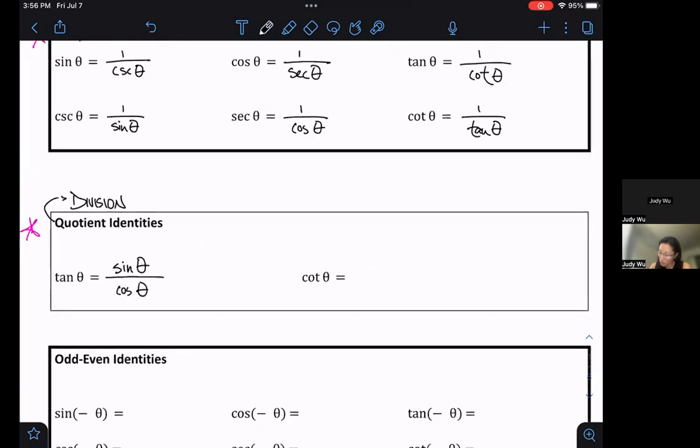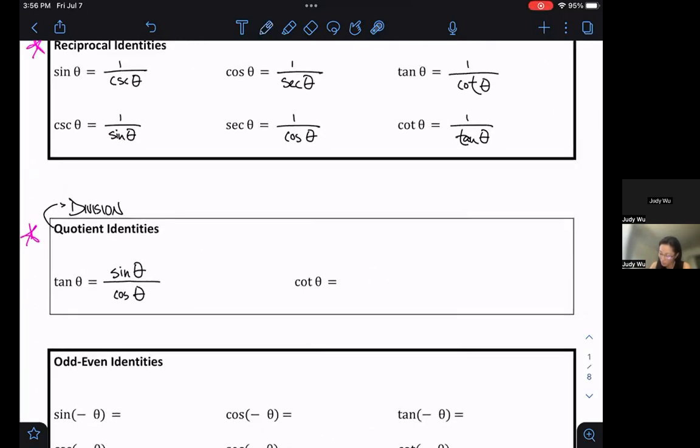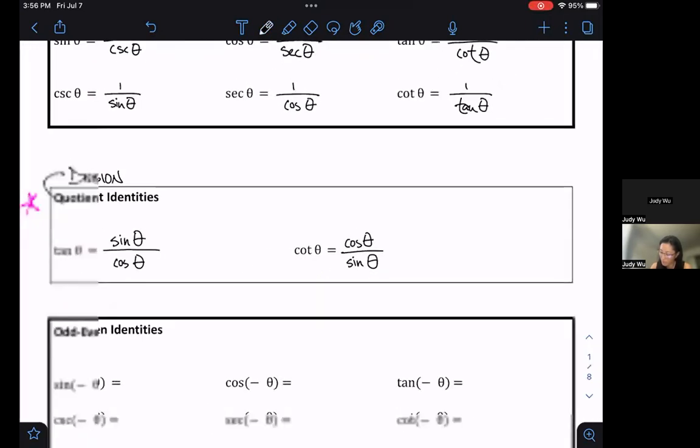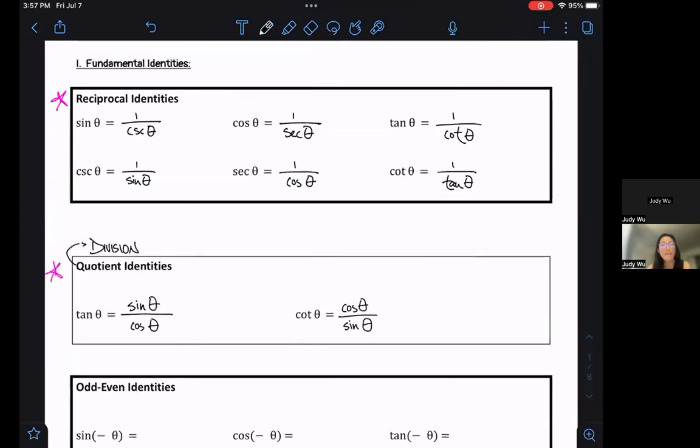Now, cotangent is the reciprocal of tangent, so the quotient identity for cotangent is the reciprocal of sine over cosine. In other words, it is cosine theta over sine theta. So there we have our reciprocal identities and our quotient identities.